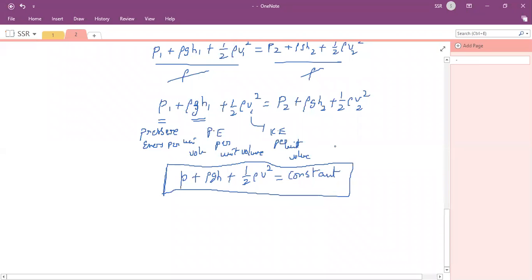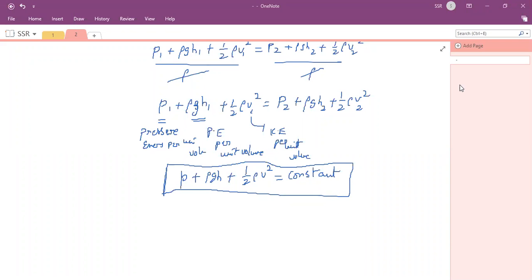The algebraic sum of the pressure energy, kinetic energy and potential energy per unit volume of the fluid remains constant. Yes or no? Yes, very good. So it is confirmed that we proved Bernoulli's theorem: P plus rho gh plus half rho V square is equal to constant.